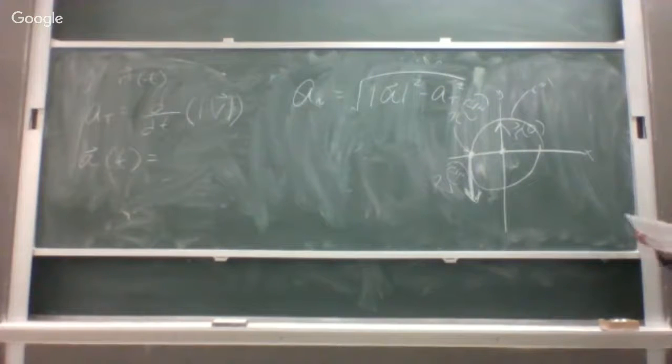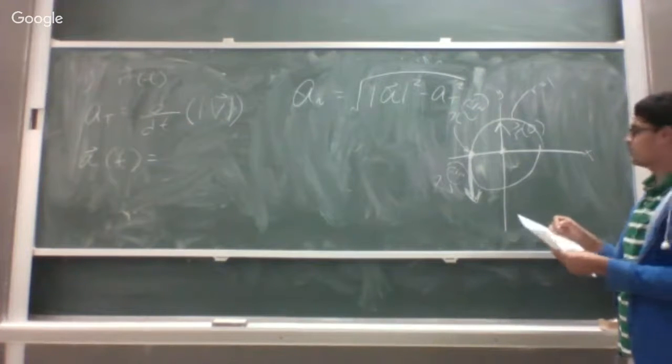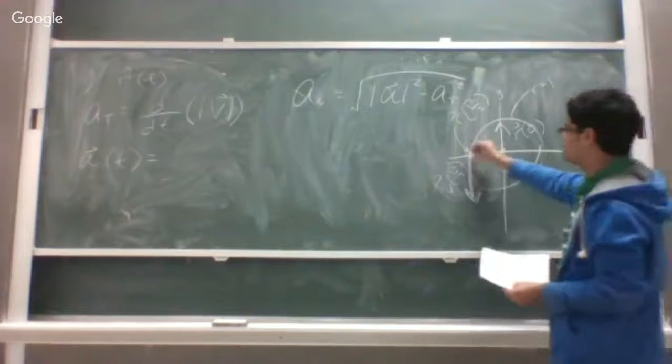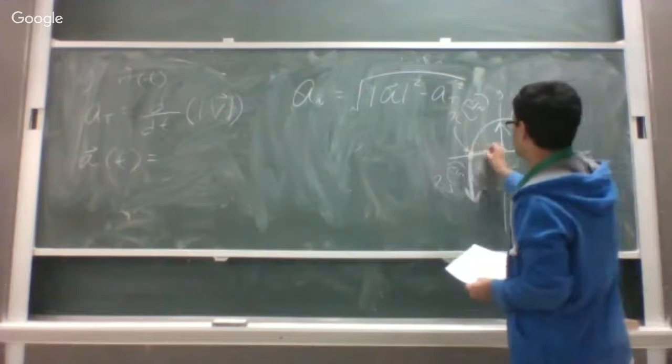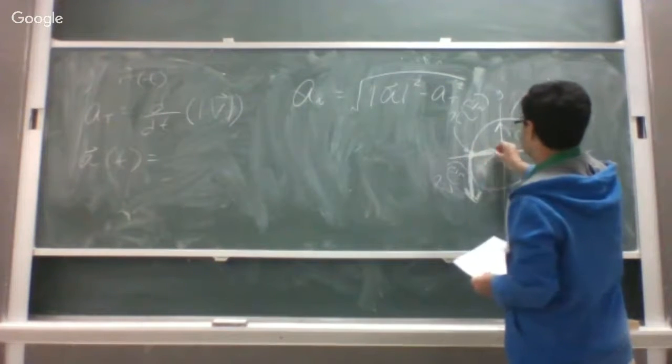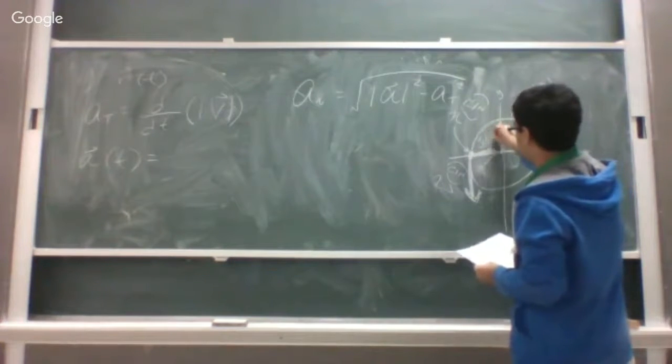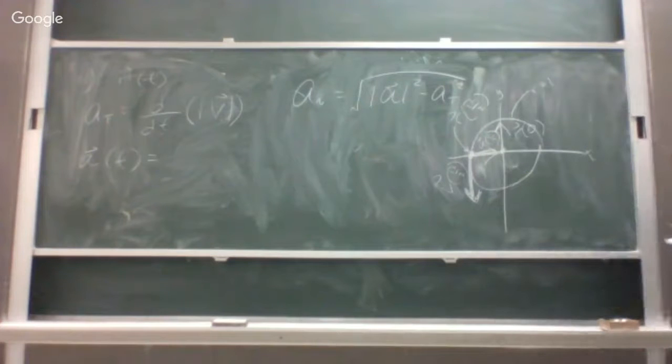The next part is the acceleration at pi over 2, and we got that as a positive i, so it's going in the direction of positive x, and it starts at the tip of r of pi over 2. So we draw it like that, and label it. Any questions on this? Unless you've seen it before, it might be weird.